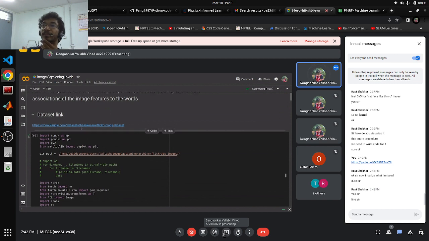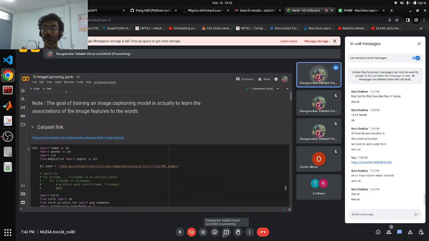Okay. So I wanted to show a demonstration of something called image captioning. What that essentially means is, if I'm given an image, can I train a network to make a caption for it, to describe what is going on in that image?